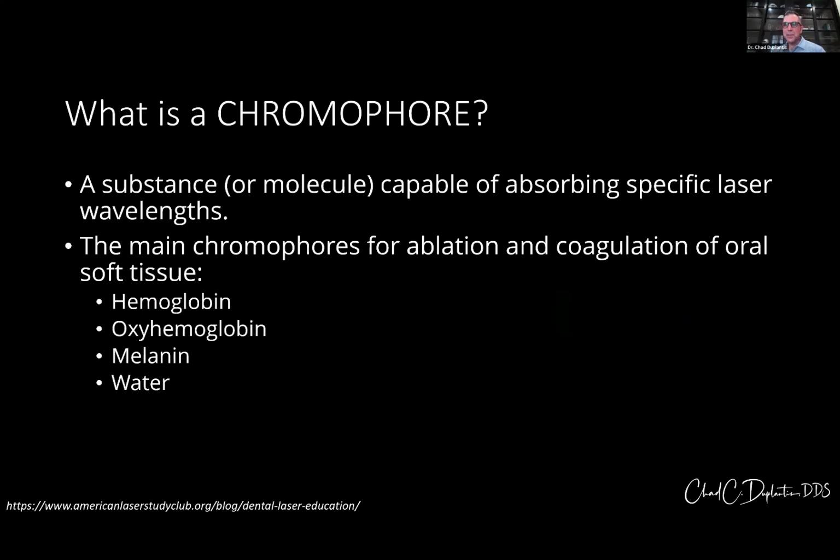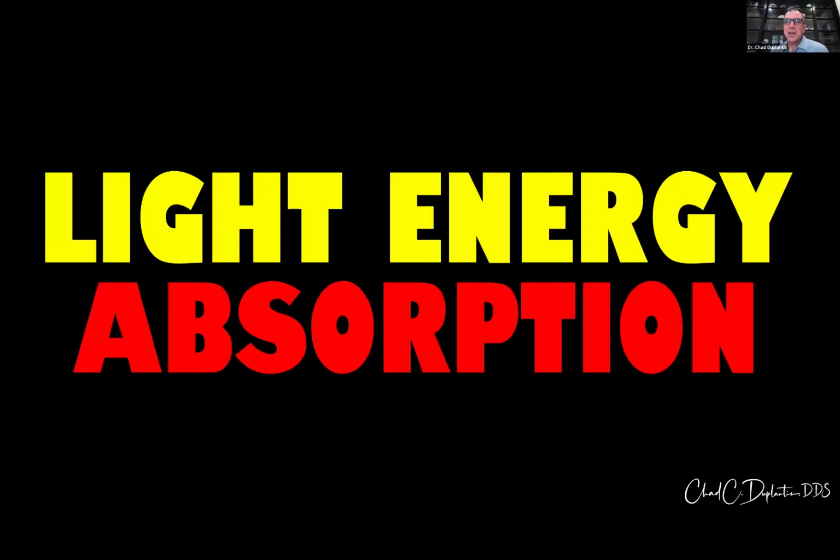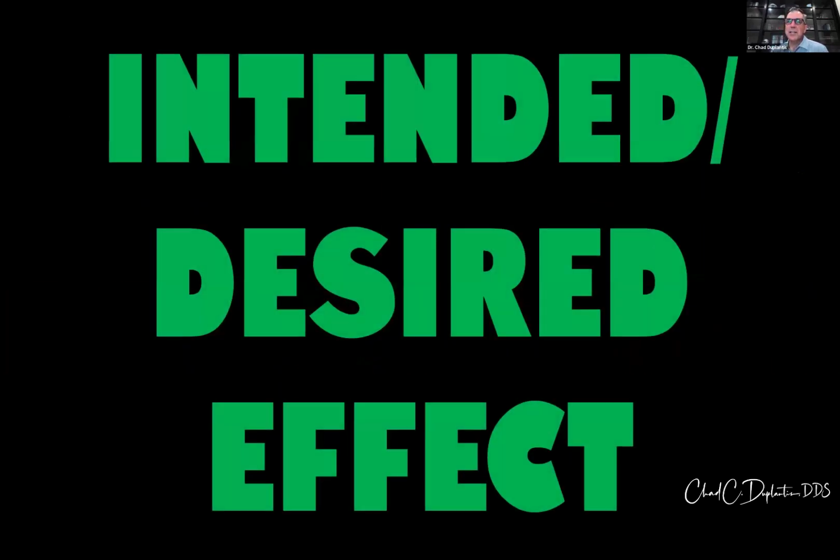And we're going to learn a little bit more about those in just a few minutes. But when we think about absorption, we really need to understand these chromophores because the various lasers work on different chromophores within the tissue. And so light energy and absorption lead to the intended or desired effect of any particular laser.